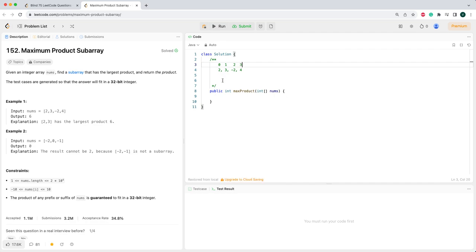Now, if we could find the maximum product possible at any index, then we should be able to determine what is the maximum product. So, how will we determine the maximum product at any index I? To find that, we need to know the maximum product at I minus 1, right?